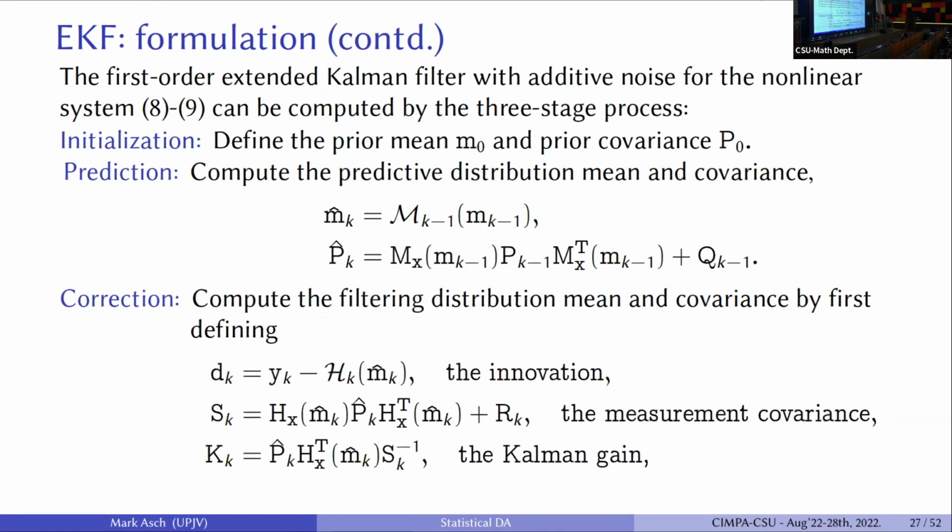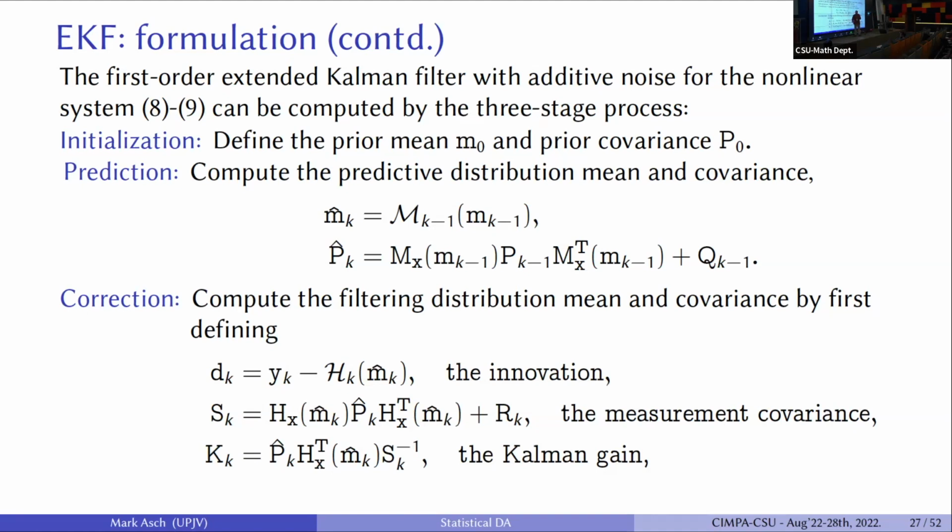It follows the same steps as before. There's initialization, a prediction step, and a correction step. The only things I haven't defined are m(x) and h(x), which you see used here.